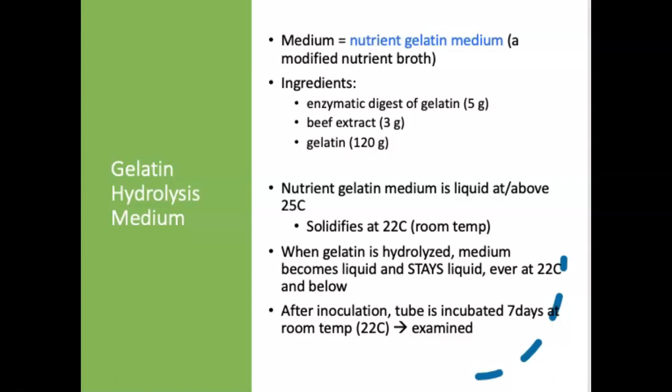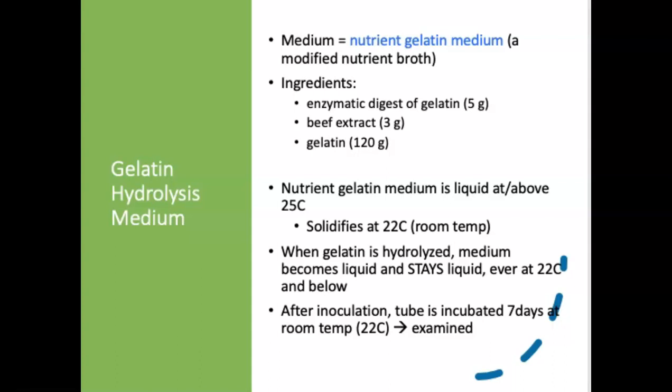So we look at those tubes that are incubating at room temperature. We look at those tubes that have solid gelatin in them, and we watch to see if that medium becomes a liquid. If it's a liquid at room temperature, it tells us the gelatin has been hydrolyzed.